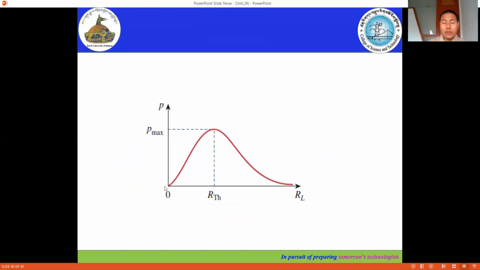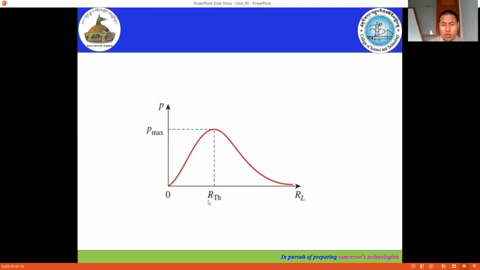Now, if you plot the graph for the maximum power transfer theorem, the parameter that we can play around with is the load resistor. In the beginning, at RL equal to 0, our power is also equal to 0. Somewhere at this RL, our P is equal to here.